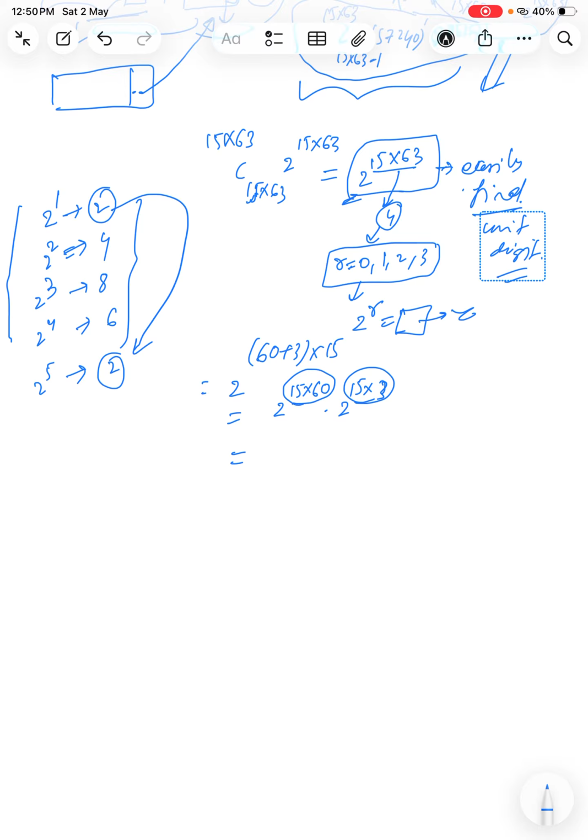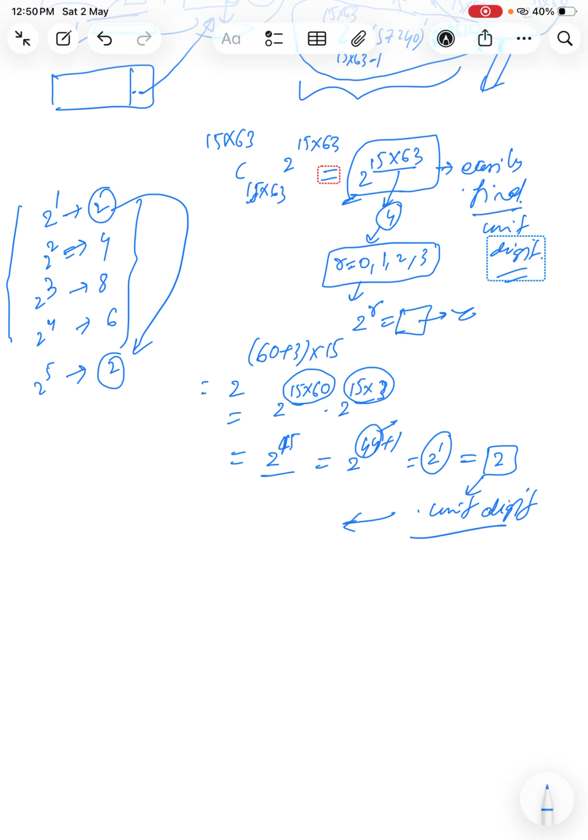Now check this: 15 into 3 is 45. 45 is 44 plus 1, and 44 is divisible by 4. So we are left with 2 to the power 1. So the remainder will be 2, sorry, the unit digit will be 2. We are done.